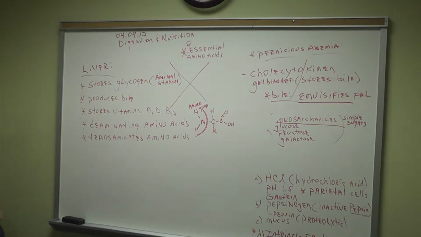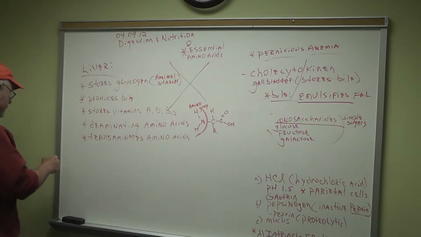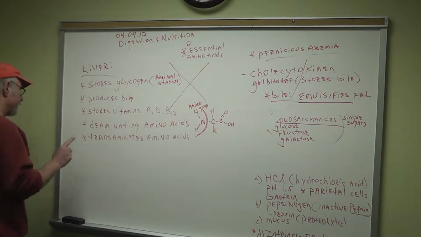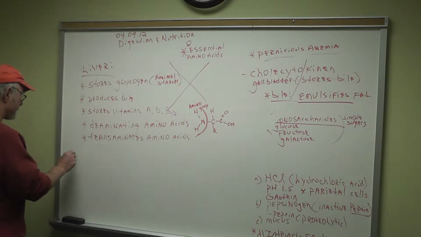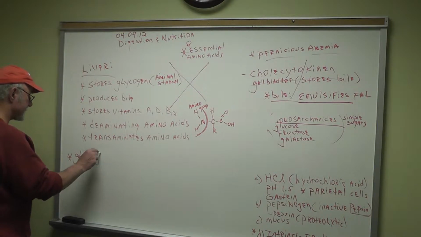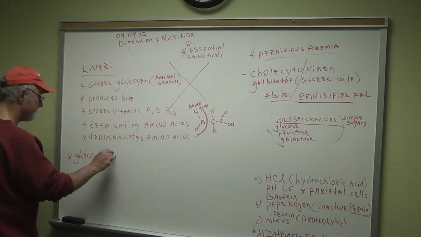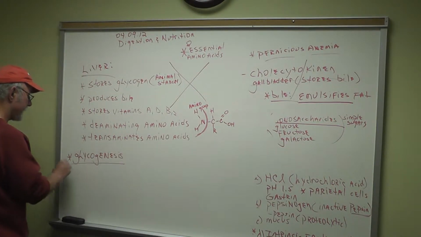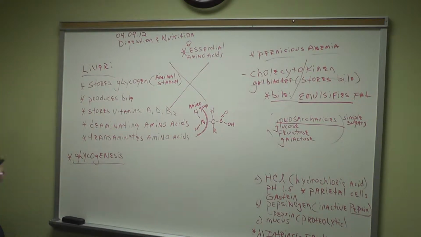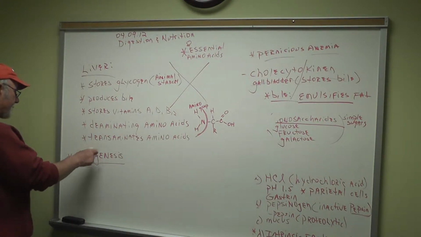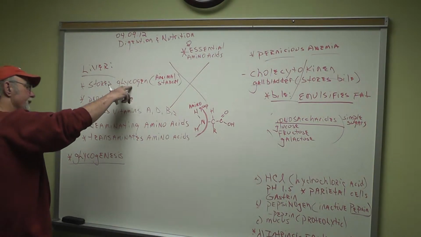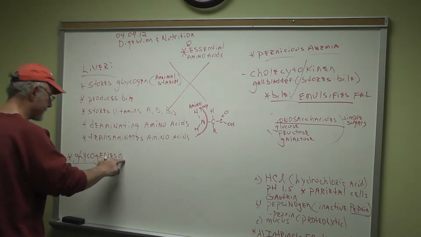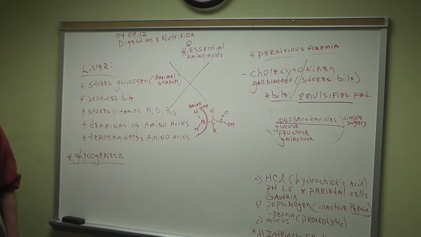And there are two terms that I want you to be familiar with. One of them is glycogenesis. As the name implies, the first part, glyco, refers to glycogen, and genesis is to generate.